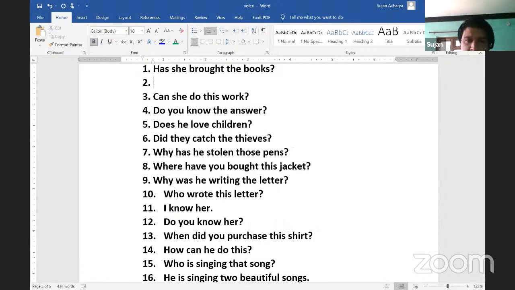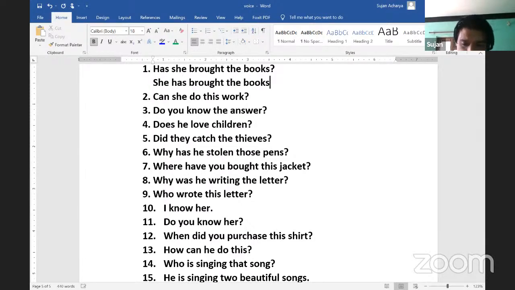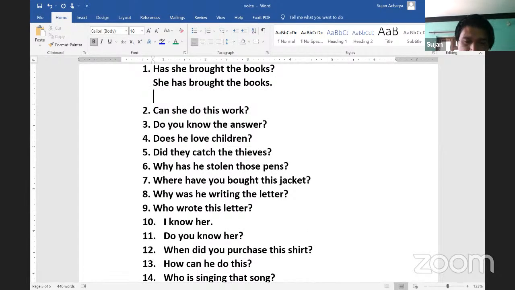Let's keep practicing, this is how we do it. Those who do not know: Has she brought the books? She has brought the books. The books have been brought by her.